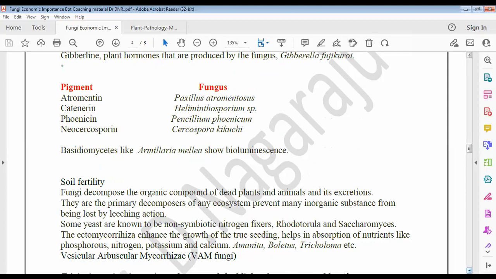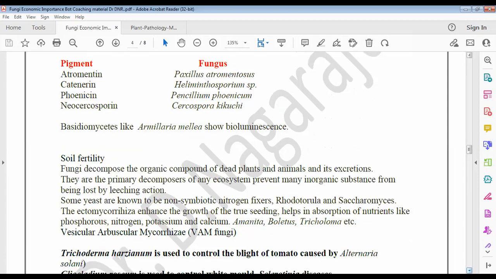You know, I already told you, Armillaria mellea, bioluminescence. For what purpose did I tell you? What is the importance? Armillaria mellea, I already told you. You forgot? Armillaria mellea, the first class, fungi. I already told you.